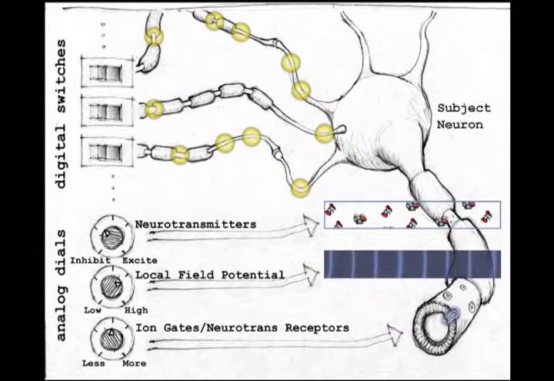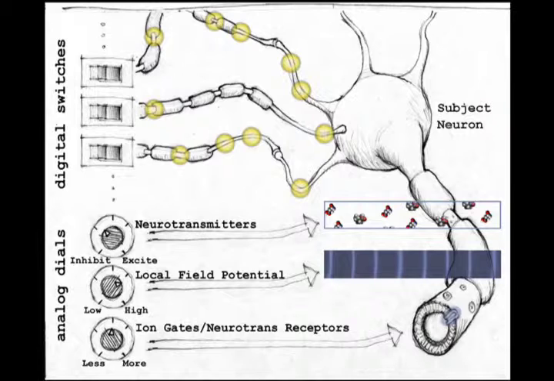In any case, there would be banks of these switches and banks of these dials, and a number of people would be necessary to get our neuron to fire. In other words, to have the subject neuron give off an action potential of its own.